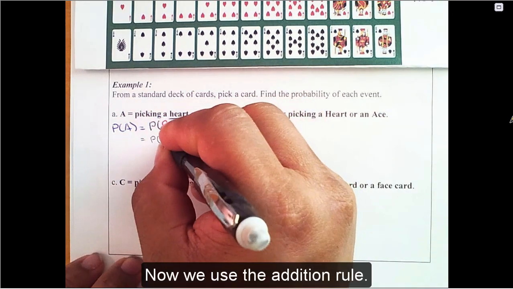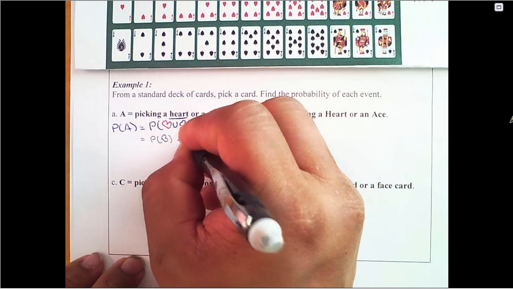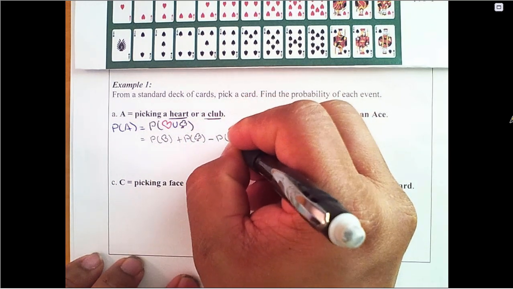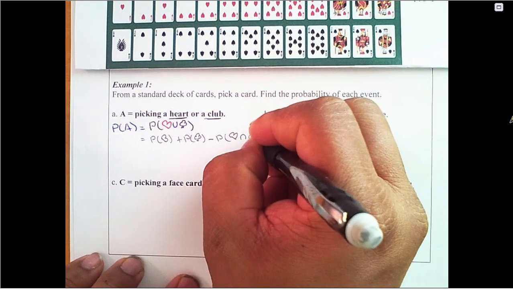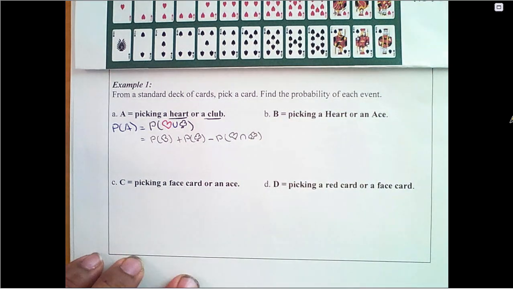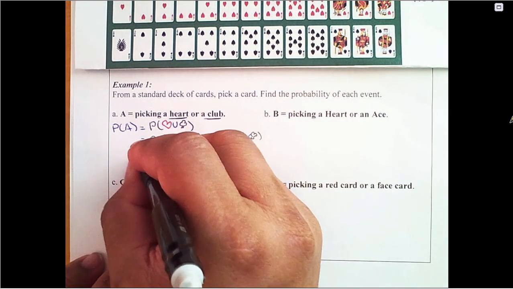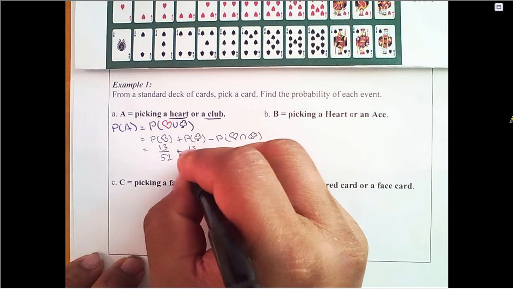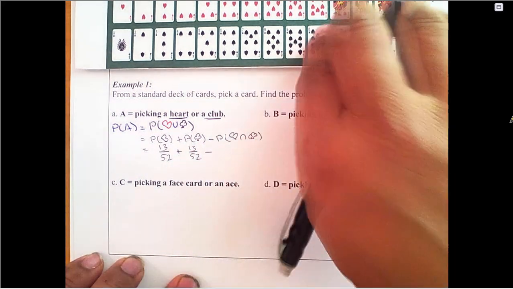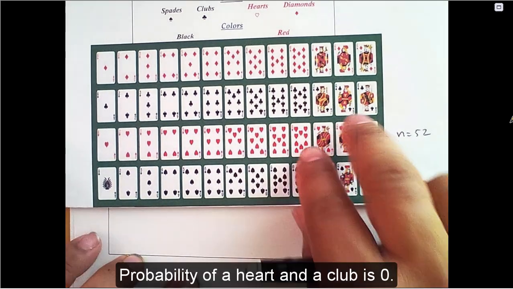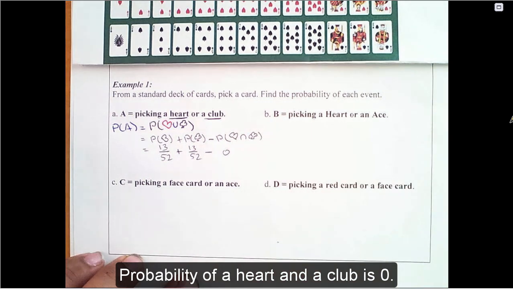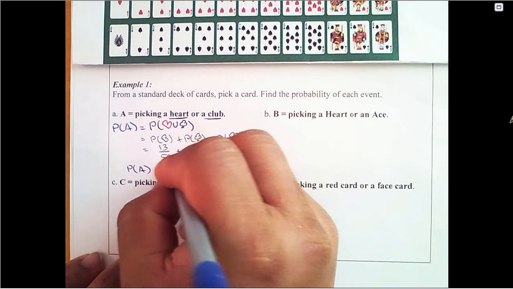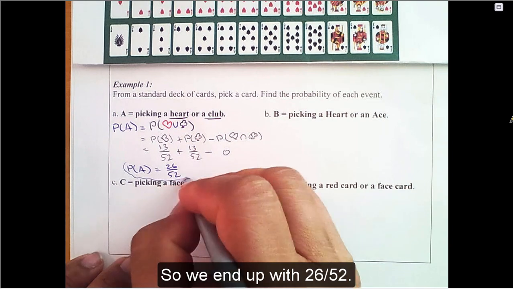Now we use the addition rule. The probability of a heart and a club is 0. So we end up with 26 out of 52.